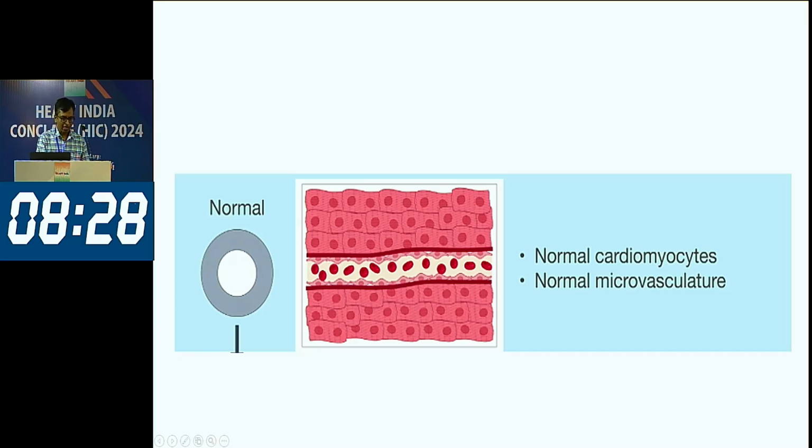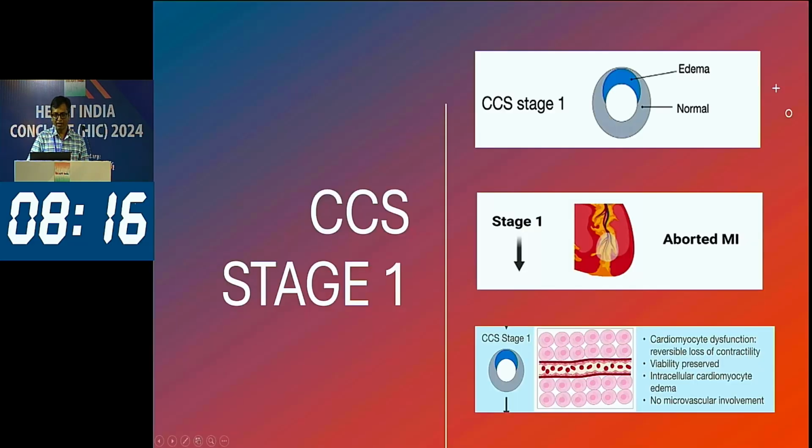This is a pictorial diagram of normal myocardium, where you can see the normal cardiomyocytes, the endothelium and blood vessel, and this is CCS stage 1. In CCS stage 1, the MI is limited to edema only. This is a kind of aborted MI, where timely reperfusion within the golden hour is done, and the evolving wavefront of injury is halted pretty early.